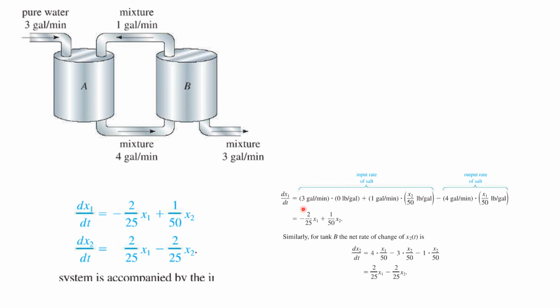And if you simplify all those things and leave off the units, you get that dx1/dt is minus 2/25 x1 plus 1/50 x2. Similarly for tank B, you can go through that analysis and you get this. So you have, again, two differential equations, a system of differential equations.